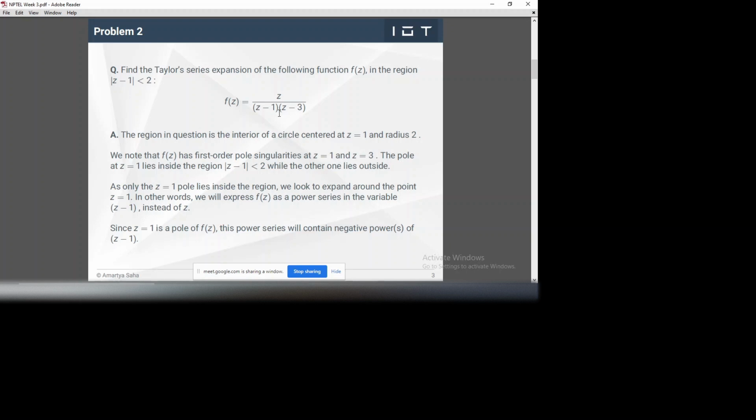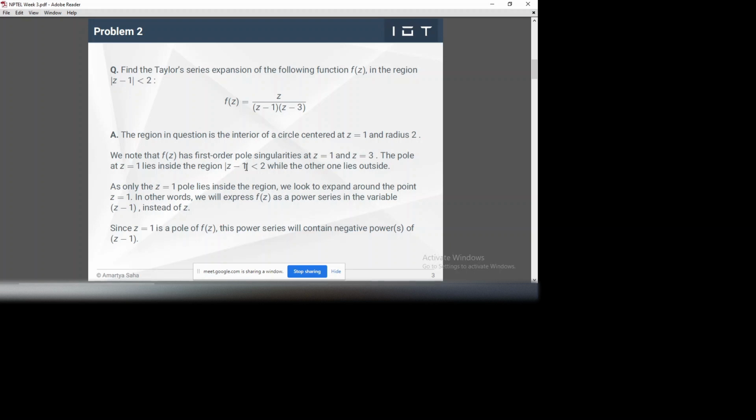Now we will see whether these singularities lie inside or outside the given region. Clearly the pole at z equal to 1 lies inside this region, because the center of the circle is at z equal to 1, which is in the interior of the circle.